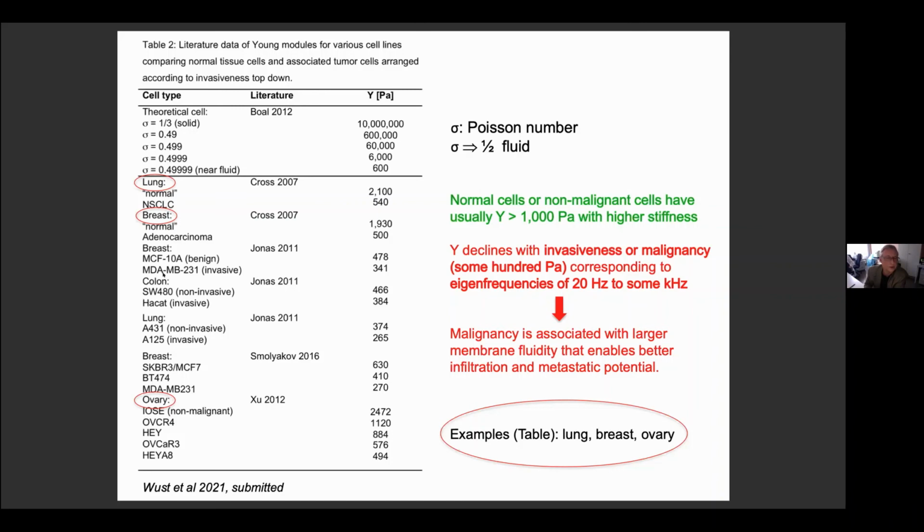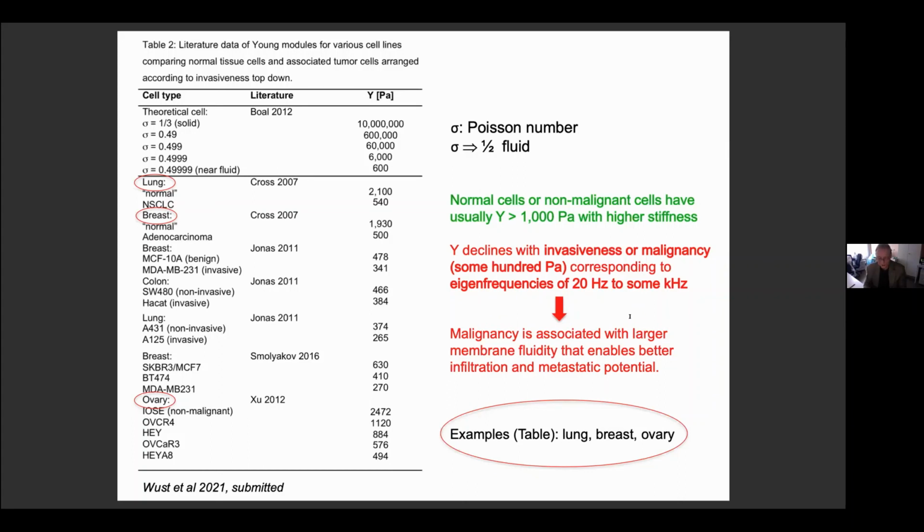So you see this has been shown for breast, here normal, nearly 2000, and for the malignant cells, several hundred only, and ovary is the same. The normal cell has more than 2,000, and the malignant cells less than 1,000. Malignancy is associated with larger membrane fluidity that enables better infiltration and metastatic potential.